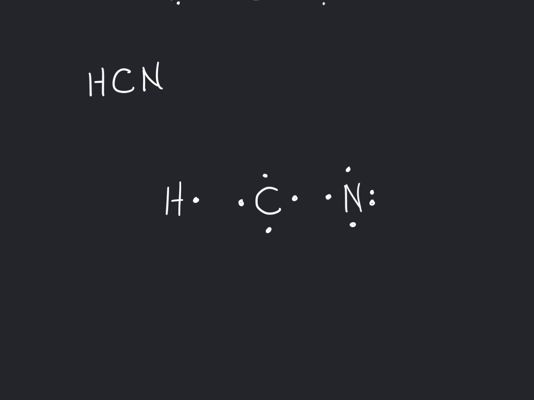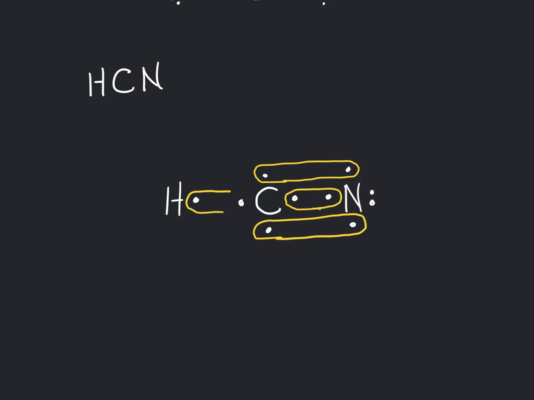In yellow then, again, like I did before, I am going to draw an oval around the pairs of electrons that are going to be shared. Here we go. There is a shared pair of electrons. There is a shared pair of electrons. There is a shared pair of electrons. And there is a shared pair of electrons.